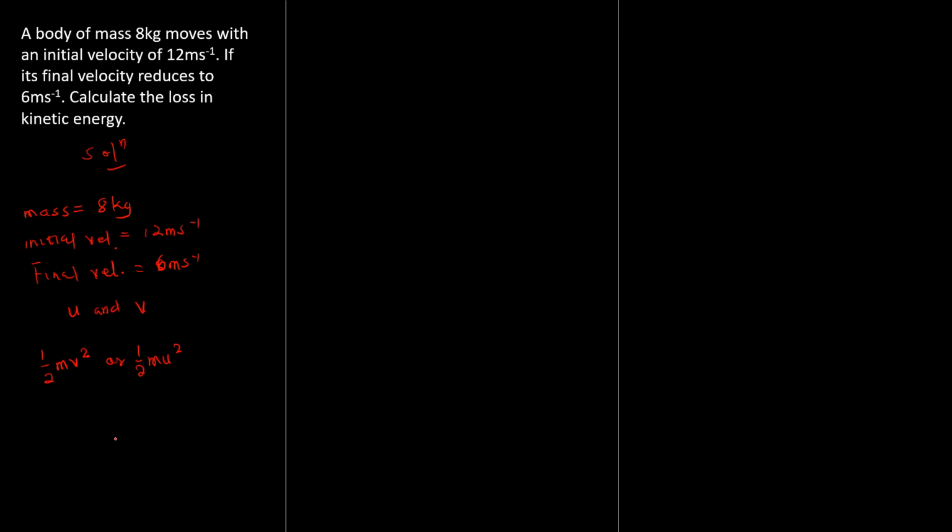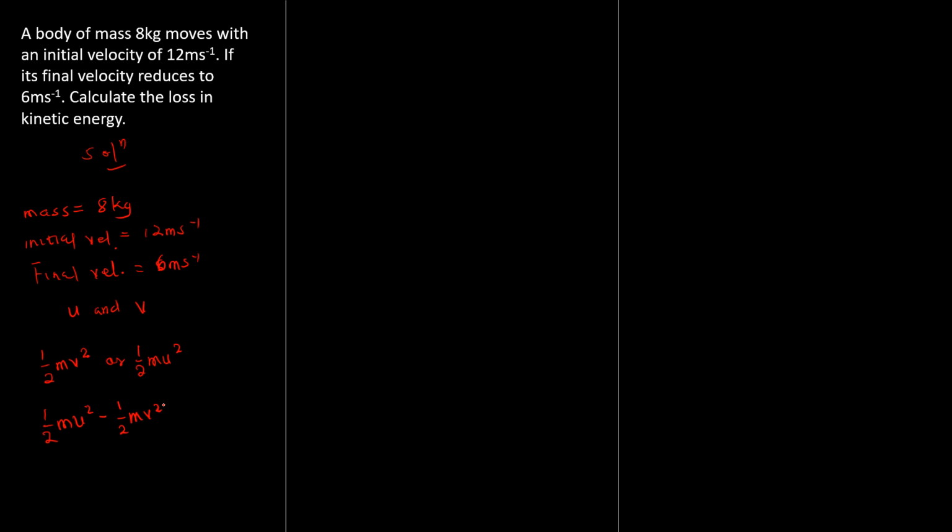If there is an energy loss, that means you are subtracting the smallest from the largest, so I would rather say half mu square minus half mv square. Over here you can actually subtract half mu square from half mv square and get a negative number, and then you just neglect the negative value, since the question has already made it clear to us that there is energy lost.